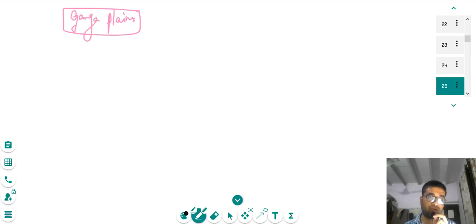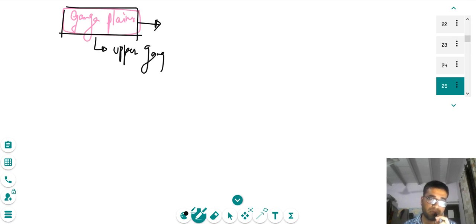Okay. So we will do the Ganga Plains now. And we will divide the Ganga Plains in three parts, as we said: the Upper Ganga Plain, the Middle Ganga Plains, and the Lower Ganga Plains. So let us first do the first part, that is the Upper Ganga Plains.